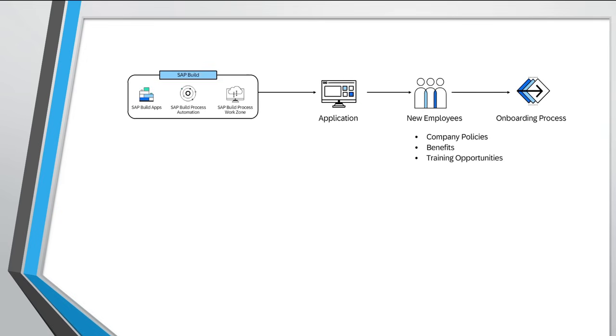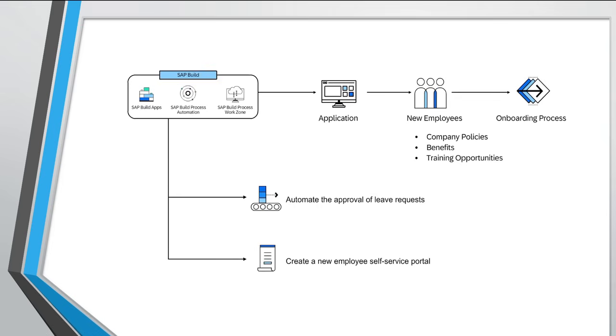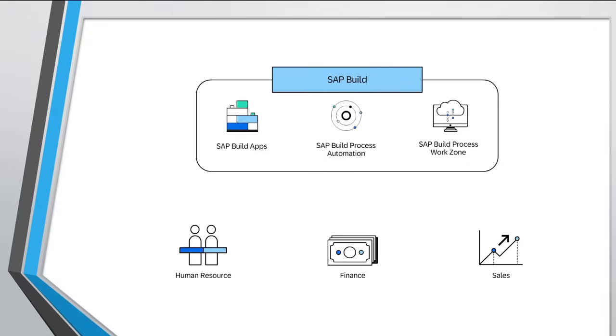The HR team can use SAP Build to build an application that guides new employees through the onboarding process and provides information on company policies, benefits and training opportunities. New employees have the information they need to get started successfully, and approvals for leave requests are automated, creating new employee self-service. That's how we need to maintain this.